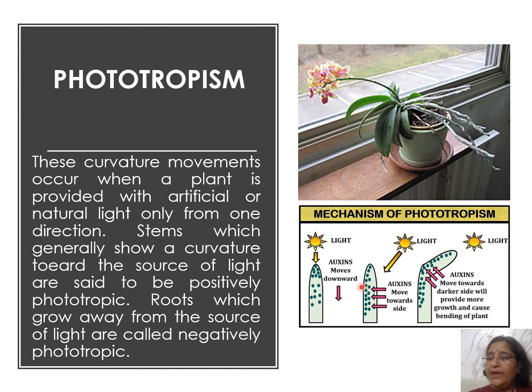This movement, it may be because the auxins move towards this side, or there is destruction of auxins because of light. Photooxidation of auxins may take place, and that's why there are fewer auxins on one side and more towards this side. Or the precursors of auxins are not developed into auxins when the light is there.